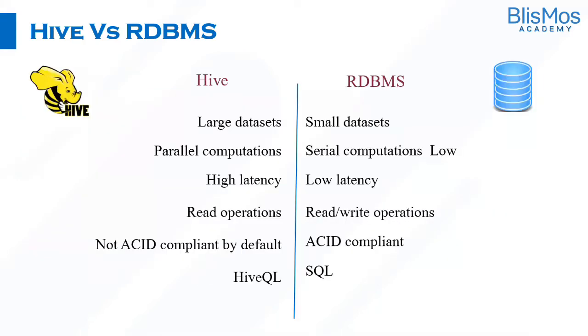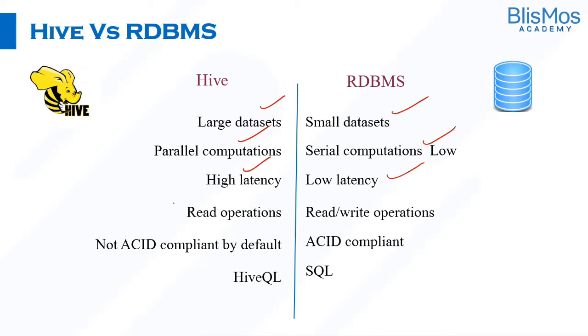At a high level, we know Hive has large data sets. RDBMS has small data sets. Hive does the parallel computations. RDBMS would go for serial computations. And we have high latency in Hive, we have low latency in RDBMS.